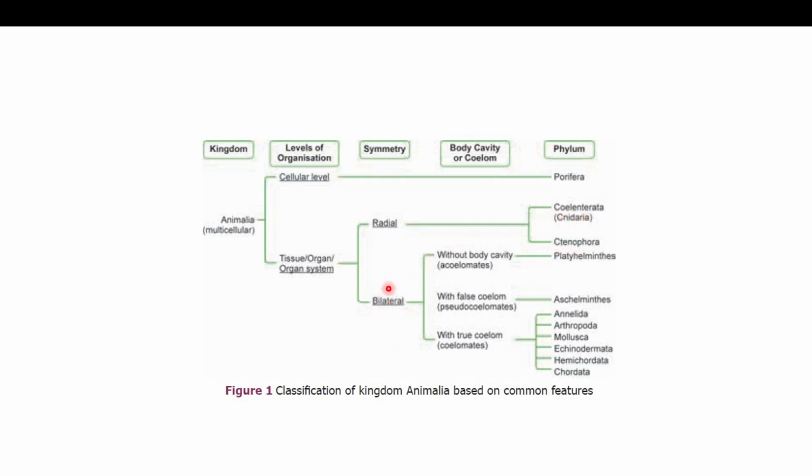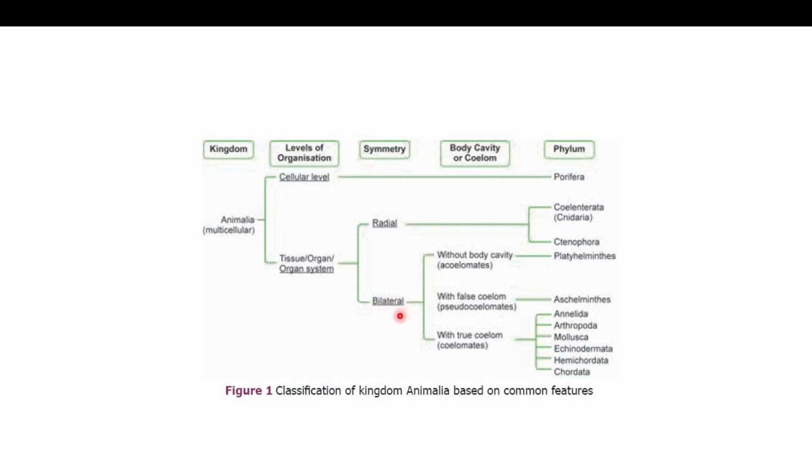Radial symmetry means you can draw a circle, and along the radius you can get two equal halves of the organism. In bilateral symmetry, the body can be divided into equal left and right halves.